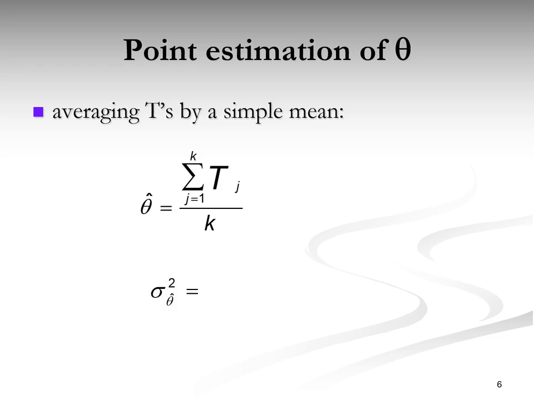The sampling variance of this average effect size is equal to the sampling variance of an individual effect size divided by k. So what does it mean? The more studies we combine, so the more effect sizes we combine, the smaller the sampling variance of the estimate will become. So the more we are sure that our estimate is close to the population effect size theta.